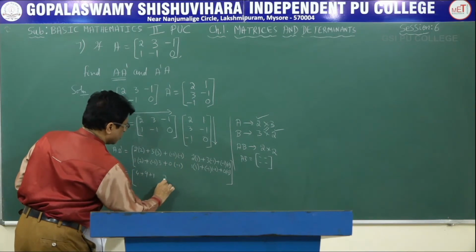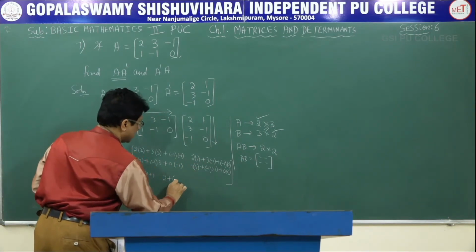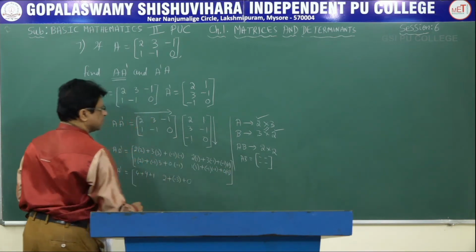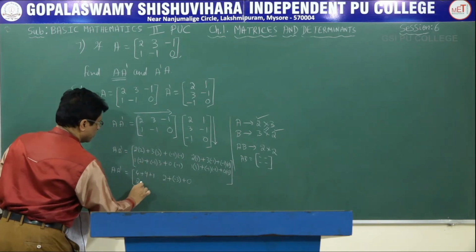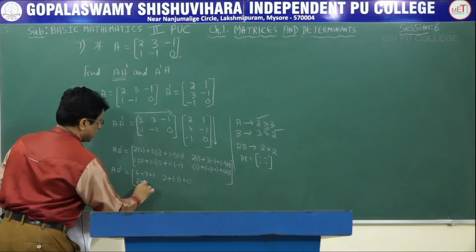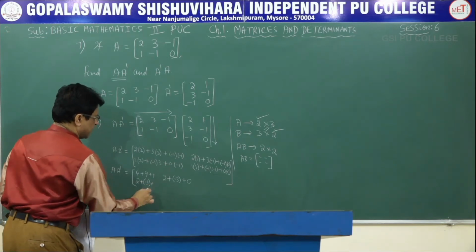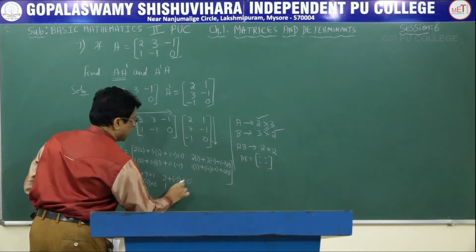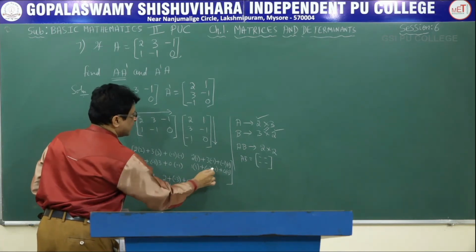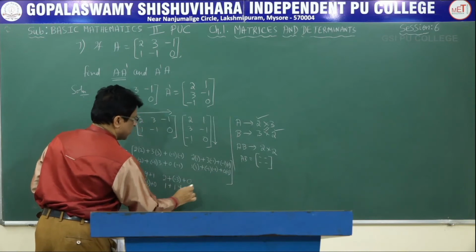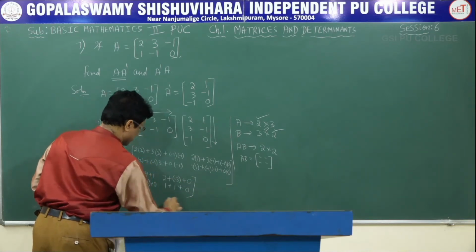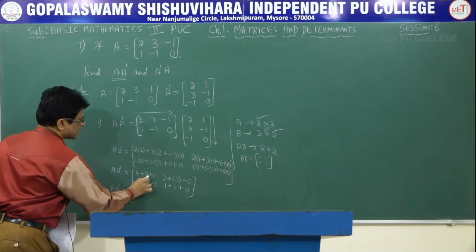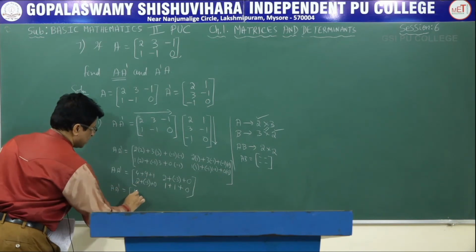So 2 1s are 2 plus 3 into minus 1, minus 3, plus minus 1 into 0, 0. 1 into 2, 2, plus minus 1 into 3, minus 3, plus 0 into minus 1, 0. 1 into 1, 1, plus minus 1 into minus 1, 1, plus 0 into 0, 0. So A A dash will be equal to 4 plus 9, 13, plus 1, 14.